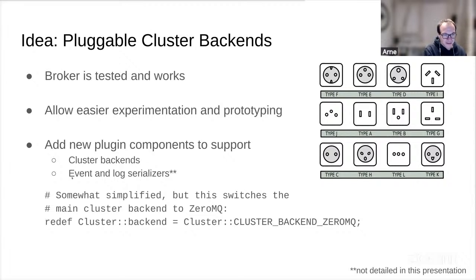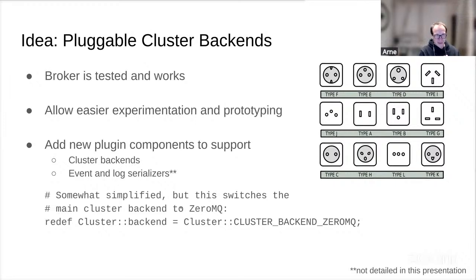Yeah, so the last line is a bit simplified, but the idea is there's now a backend option or backend variable that you can redefine. And by default, it's the cluster backend broker. If you redefine it with some other backend, in this case ZeroMQ, then Zeek will instantiate the ZeroMQ backend instead of the broker backend, and all of the cluster functionality will be done with that.